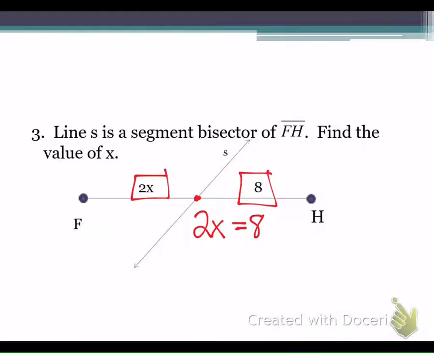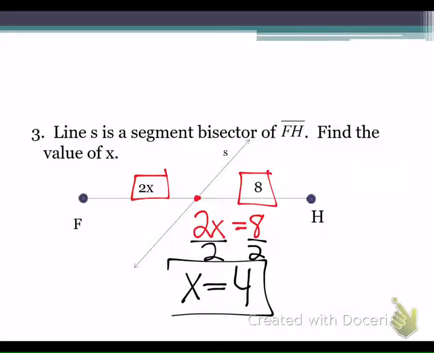This is the part I want you to write with me. We've just written an equation. I spent a whole 2 years in algebra class learning how to solve these. Divide both sides by 2, and what do you get for x? 4.